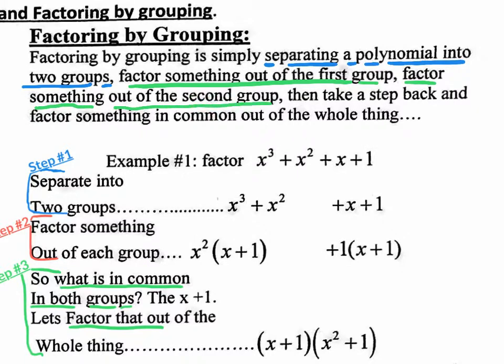That's technically step 2. And then step 3 is to take a step back and factor something in common out of the whole thing. I know that sounds way confusing right now. And I even did this wrong. This should have been red, that should have been green.